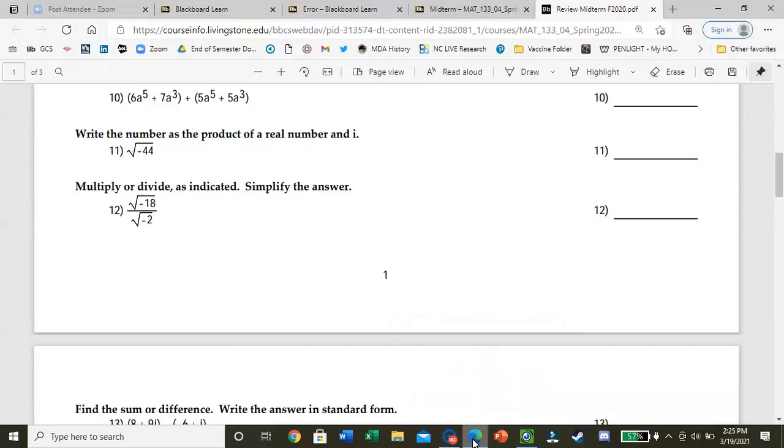Okay, so real numbers are all numbers except what? No, zero's real. Real numbers are everything except i, right?